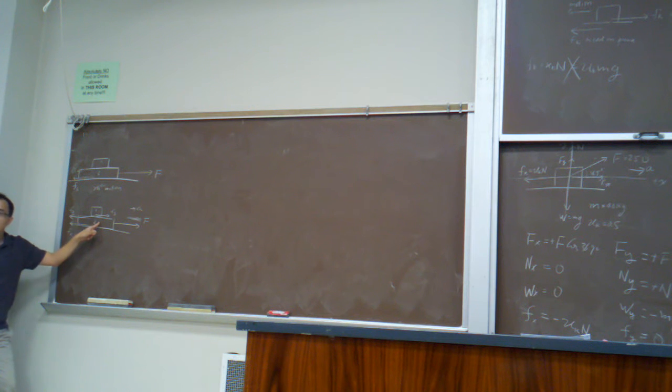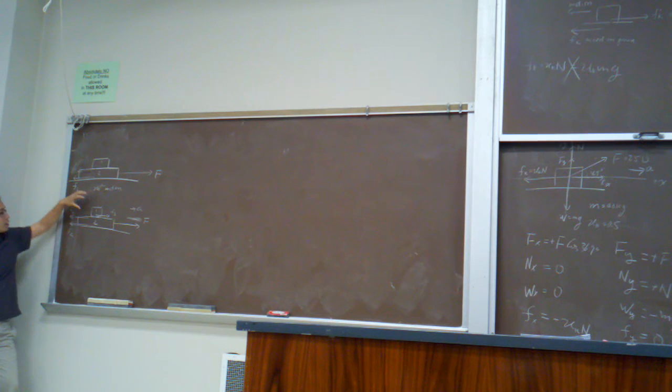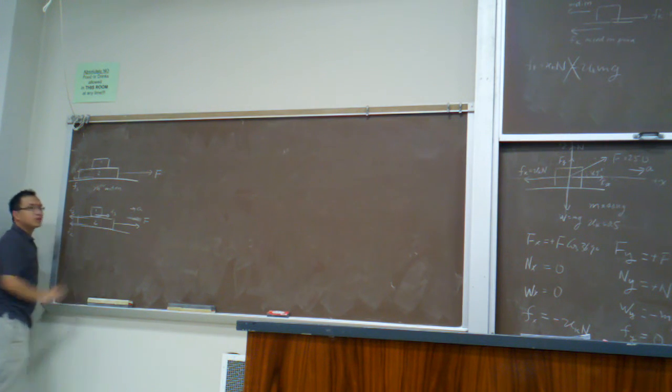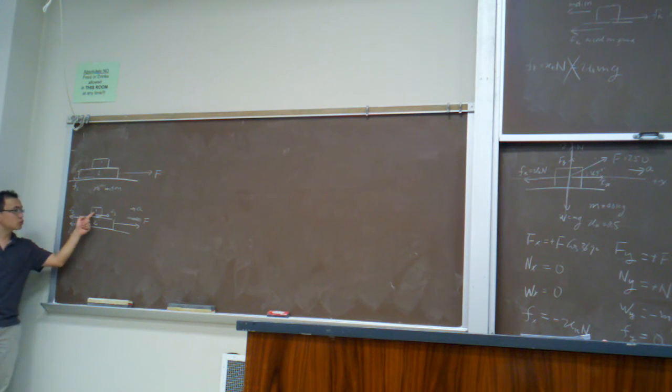But if the external pull is not very large, this one cannot prevent the motion, and object 1 will move together with the second object. Okay. And in this case, the second object will provide some static frictional force to object 1, but in the forward direction.